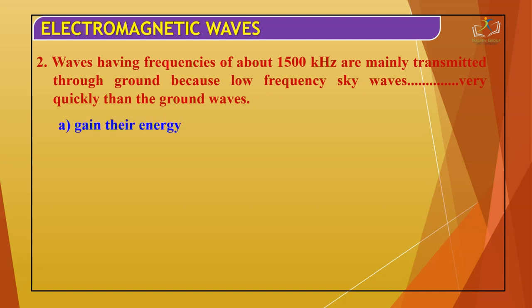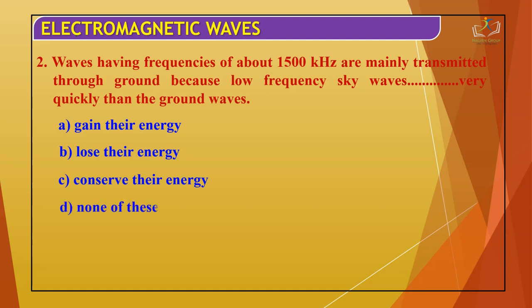Options: gain their energy, lost their energy, conserve their energy, none of these. The correct answer is lost their energy. Waves having frequency about 1500 kilohertz are mainly transmitted through the ground because low frequency sky waves lose their energy very quickly compared to the ground waves.